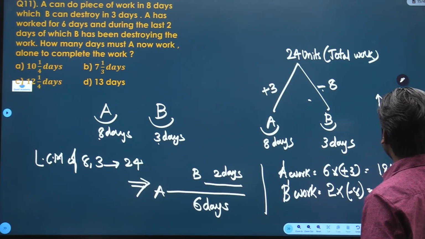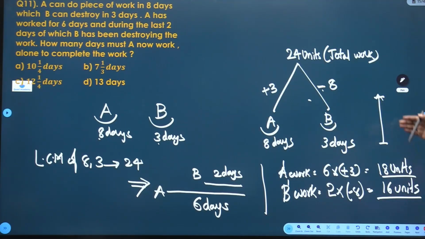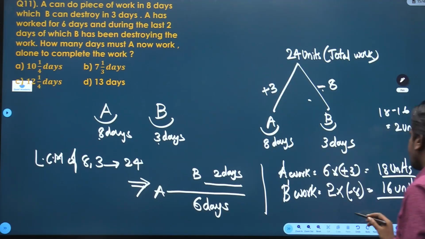18 units of work are done by A, but 16 units of work are demolished by B. So actual work remaining is how much? 18 minus 16, so effectively 2 units of work is done.